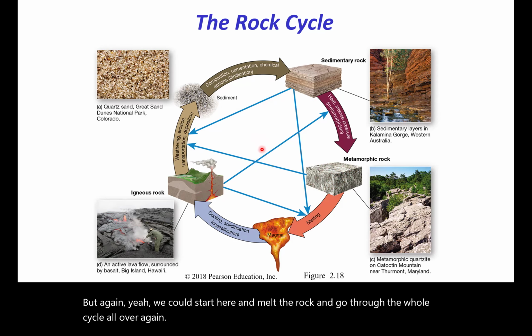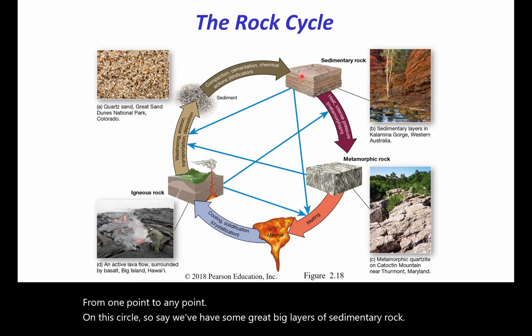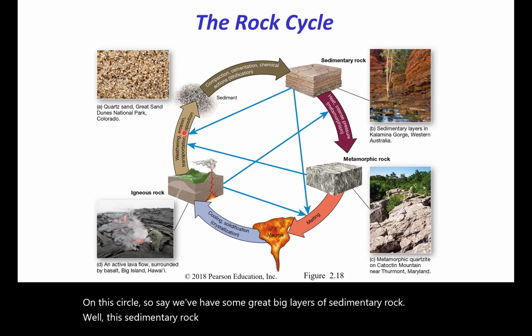These blue arrows inside the circle indicate that you can go from one point to any point on this circle. So, say we have some great big layers of sedimentary rock. Well, this sedimentary rock can be eroded instead of buried and metamorphosed.